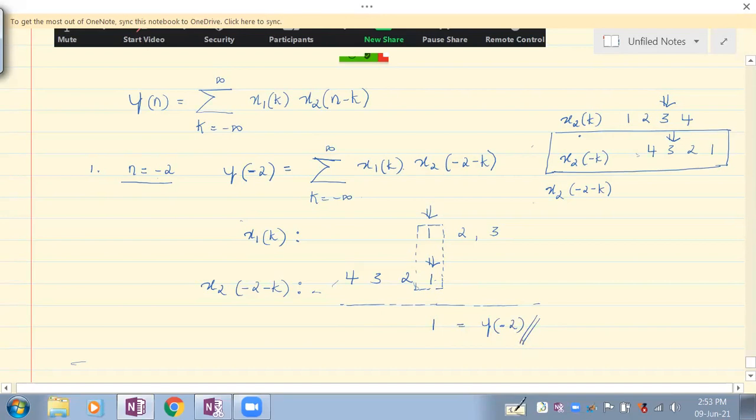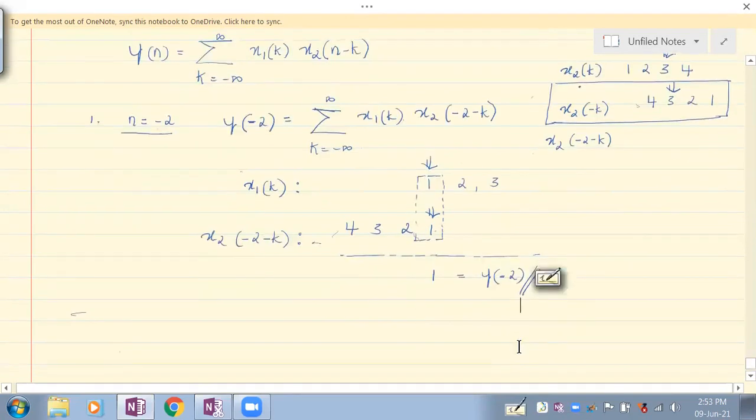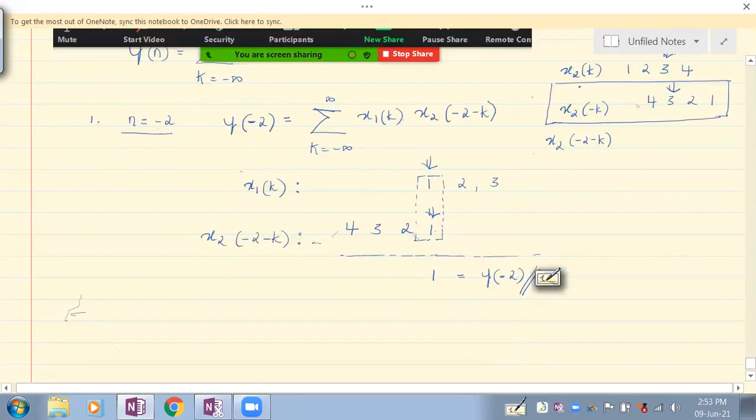Let me take y of minus 1 now. That is the second sample, n equal to -1. When n is equal to -1, what we are calculating is y of -1. What is my y of -1?